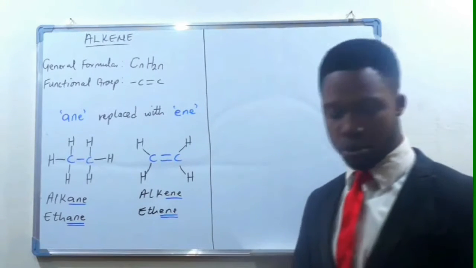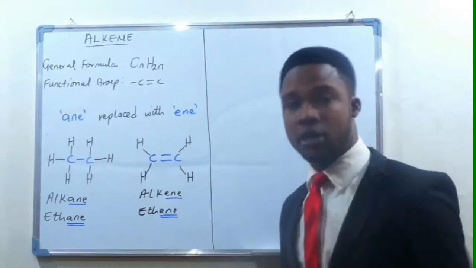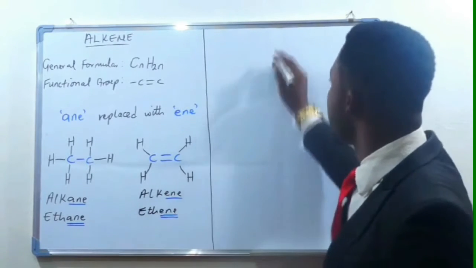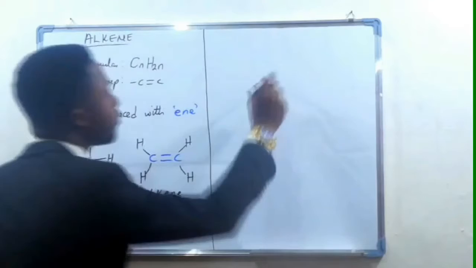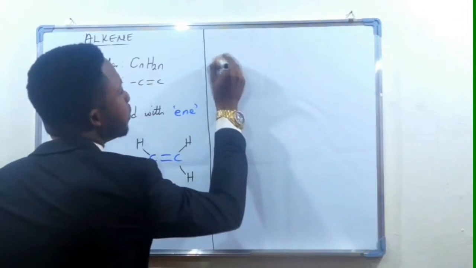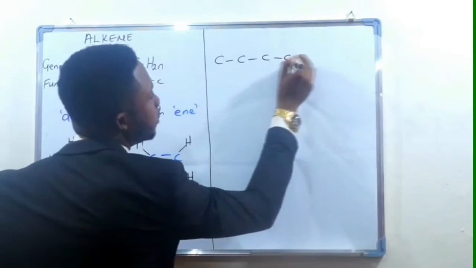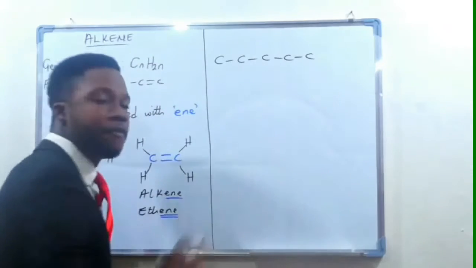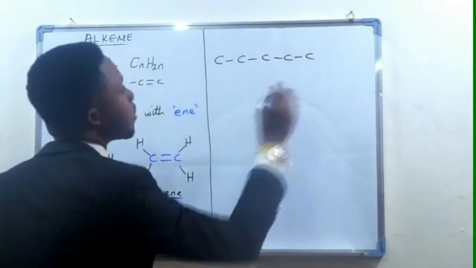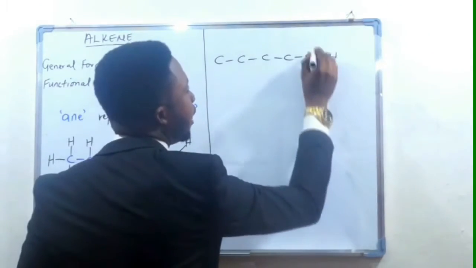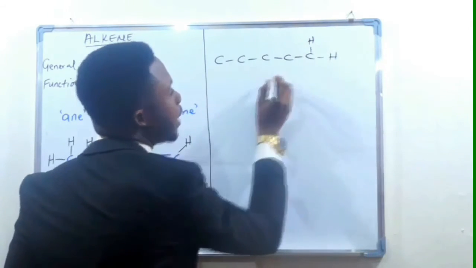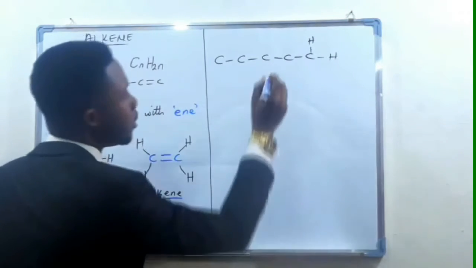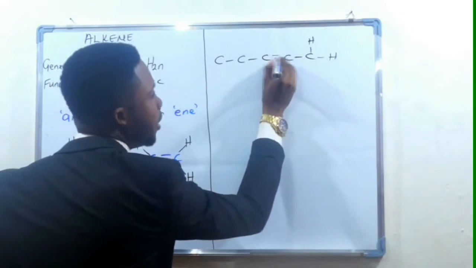More examples to further illustrate this. We can have a compound with 5 carbon atoms. Now we fill in our hydrogens. Now let's have a double bond here.